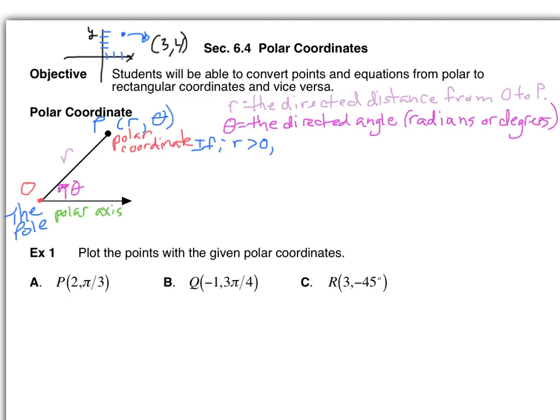And what you're about to write is going to make absolutely no sense to you. But write it right now, and then when we start plotting this, it'll start to make more sense. But I need you to write it down first. So if r is greater than 0, then P, which is our polar coordinate, is on the terminal side of theta.